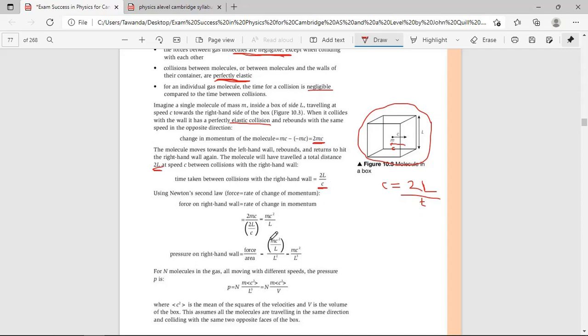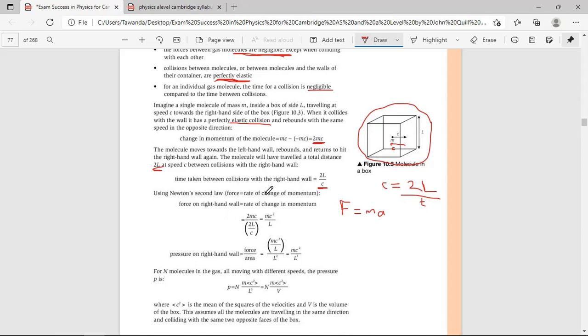using Newton's second law, F equals ma, we are going to say force is the rate of change of momentum. That is Newton's second law of motion.